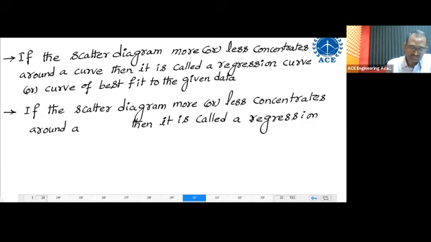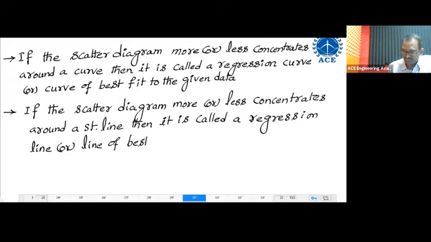Around a straight line. Sorry. Then it is called a regression line, or a line of best fit, to the given data.